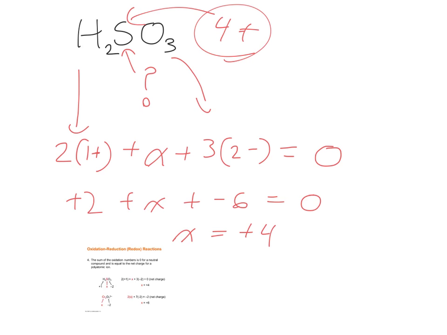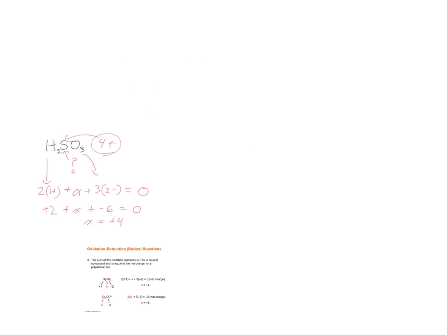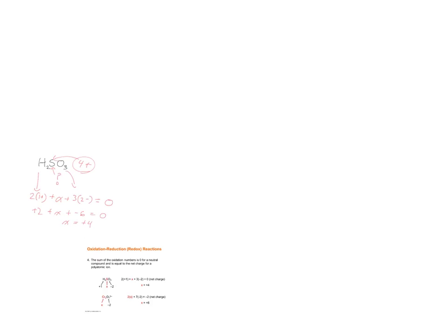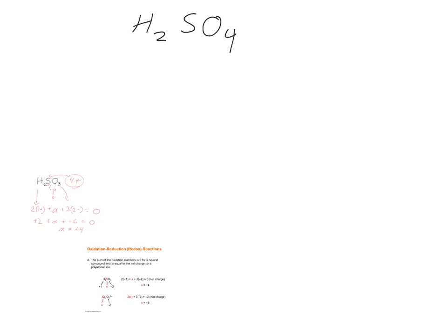Oxidation numbers for elements not covered by our rules are very much situational dependent. For example, sulfur is +4 in sulfurous acid. What about in sulfuric acid? If we look at sulfuric acid here, once again I have 2 hydrogens at +1 each.